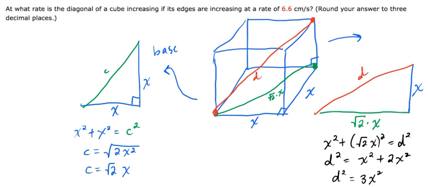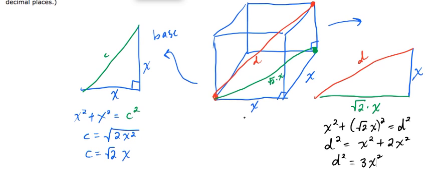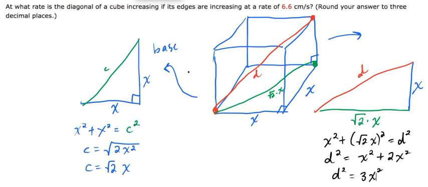And that is a relationship that relates the diagonal to the edge length. Now we want to find the rate at which the diagonal of the cube is increasing if the edges are increasing at a rate of 6.6 centimeters per second. So you could differentiate this equation right here. The problem though is that you'll have 2d times dd dt equals 6x times dx dt, and we don't know d or x.